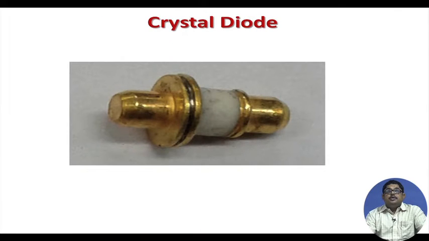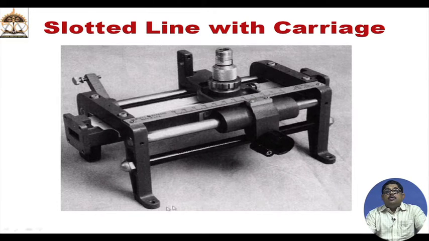So, this is a picture of a crystal diode, a very simple structure. Now, you see this is familiar: this is the slotted line, the waveguide, there is a slot cut there, and this is the mount. In this the detector fits, so that the detector can detect.